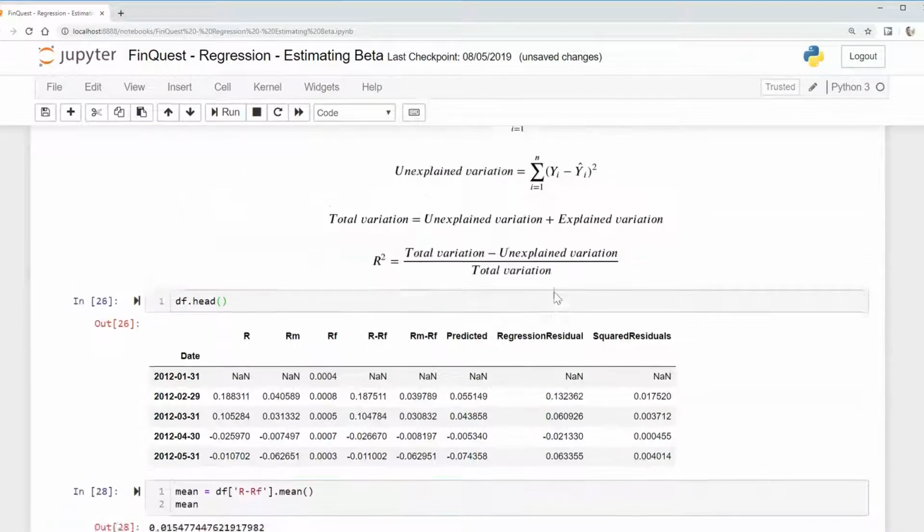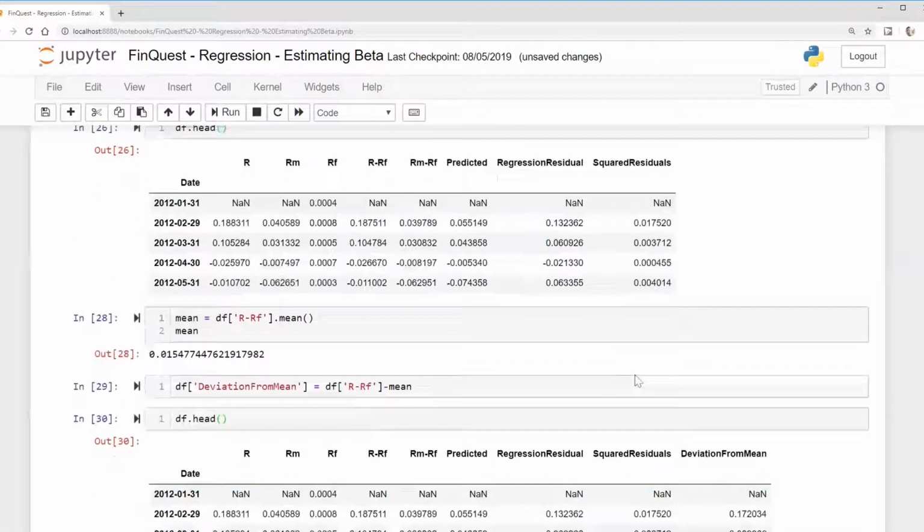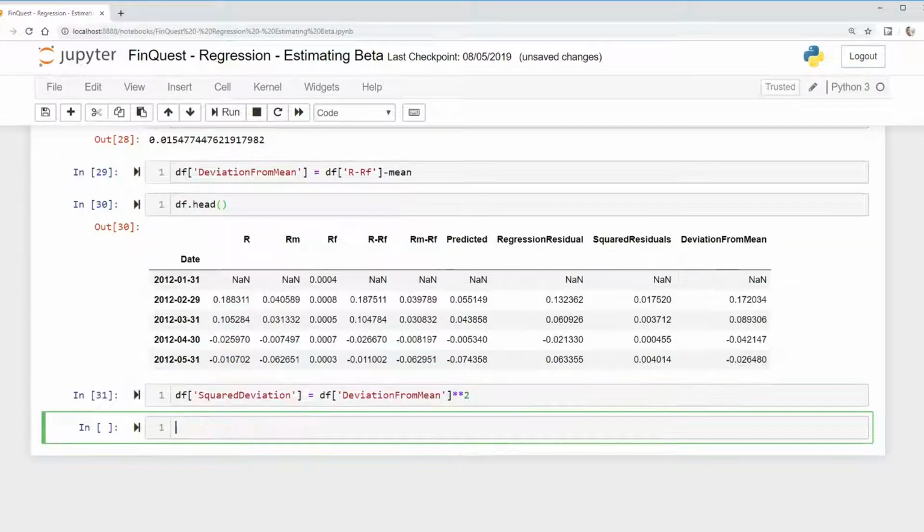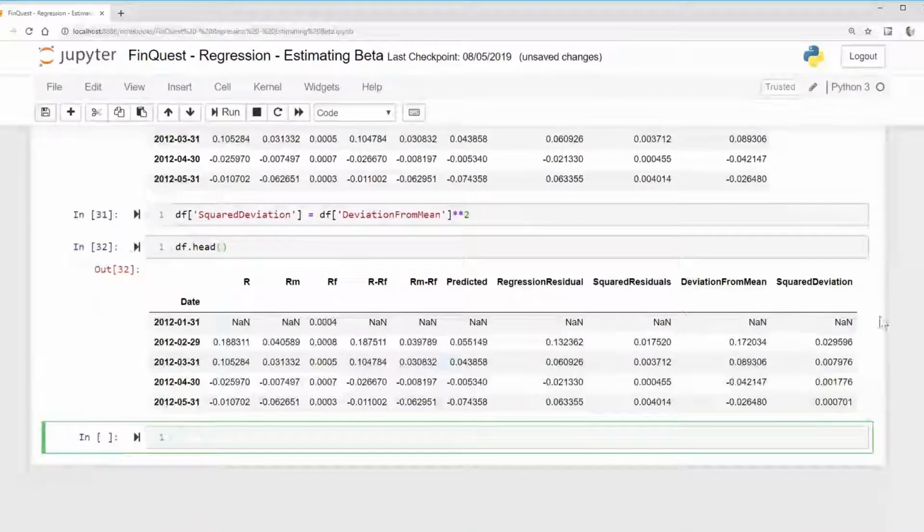Now, as you can see in our equation, we need to square these deviations. So we create a new column called squared deviation, equal to our deviation from mean column squared. There we go, we have our squared deviation.